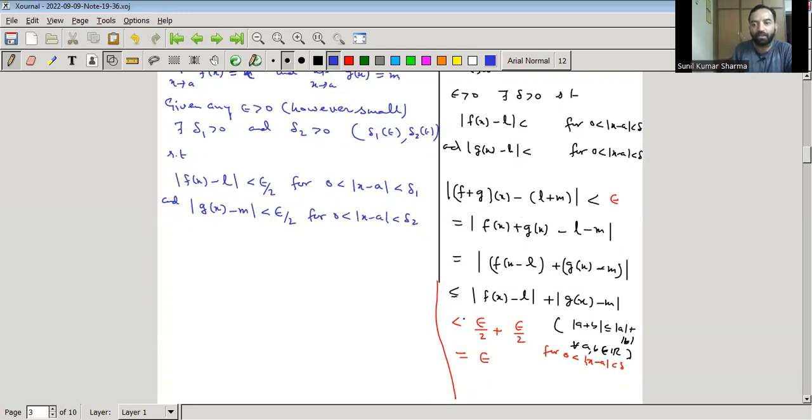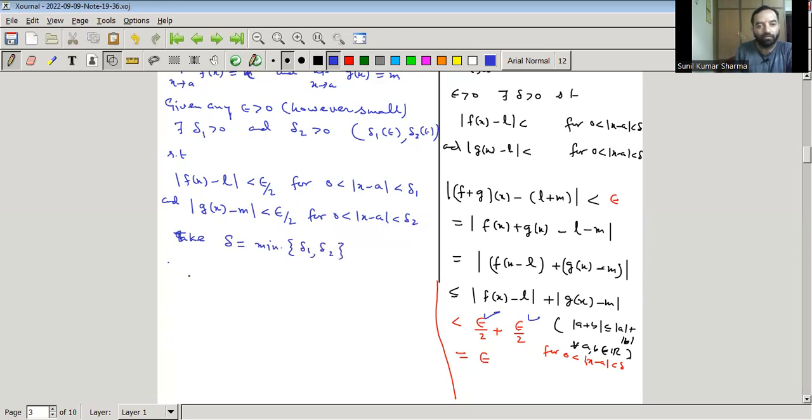इसलिए हमने पहले इसका एस्टिमेशन चेक कर लिया था कि mod f(x) minus L हमें क्या चूज करना है. So we find out that it is less than epsilon by 2. तो हमें यहाँ पर अब वही लिखना है. So now we have two deltas. So we choose delta equal to minimum of delta 1 comma delta 2.